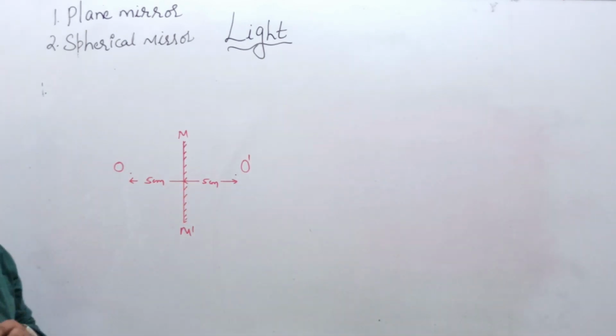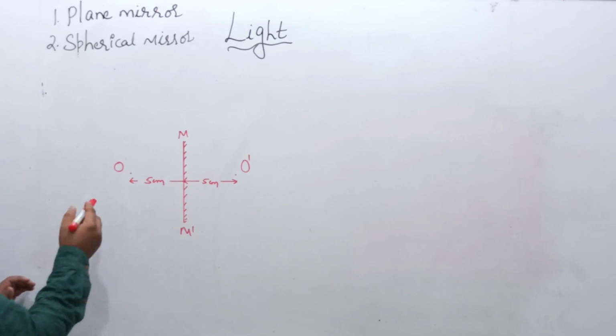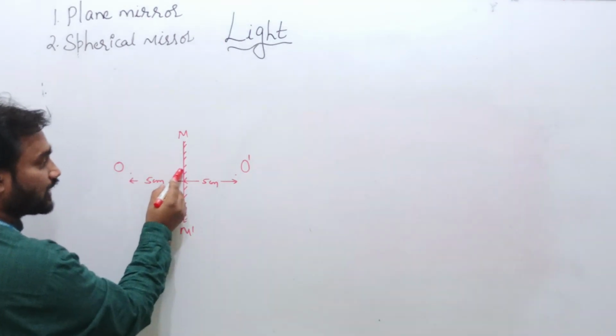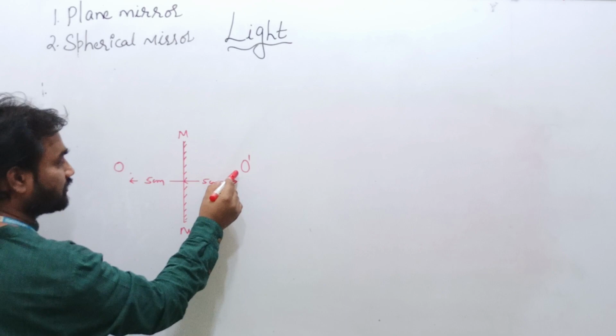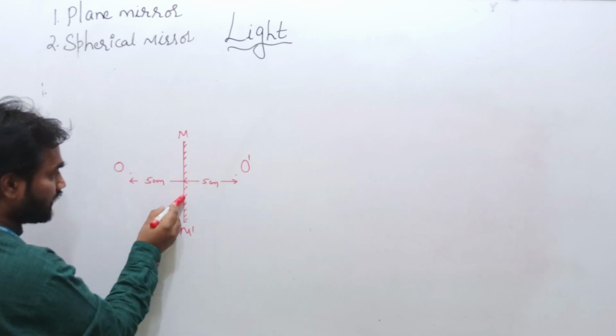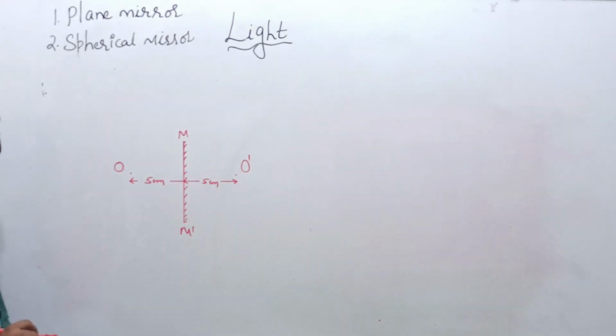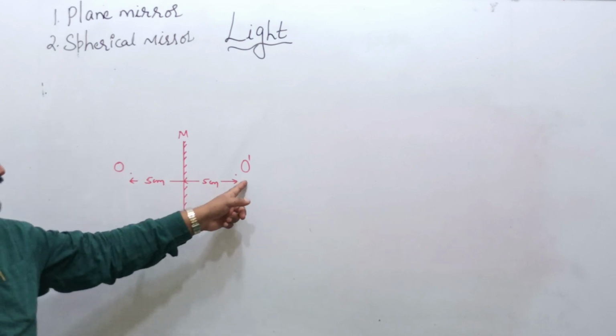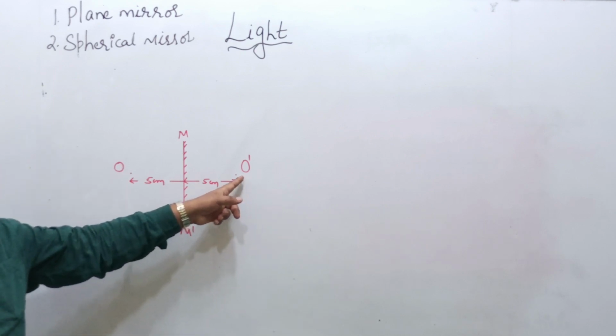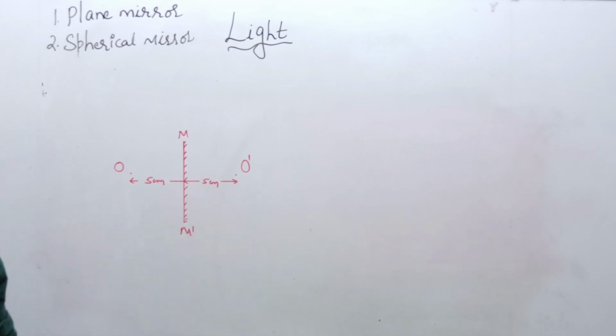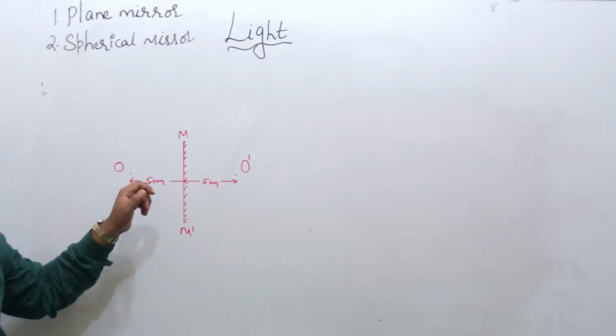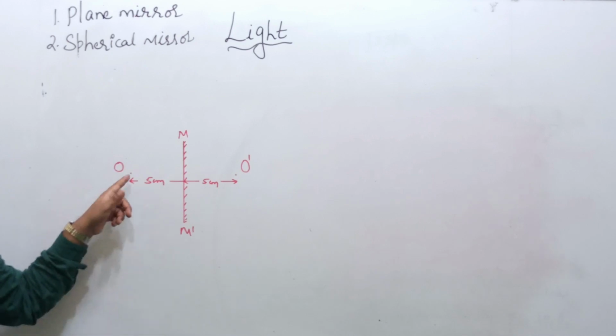The image will be formed at a distance of 5 centimeter. If you want, you can draw one perpendicular line here, and one more ray here, and then reflected, and that would be joining there. Both the reflected rays will be meeting at that point. Is that clear? Yes.